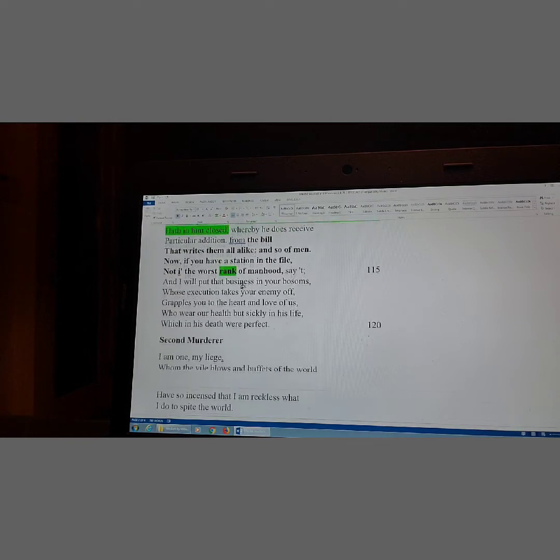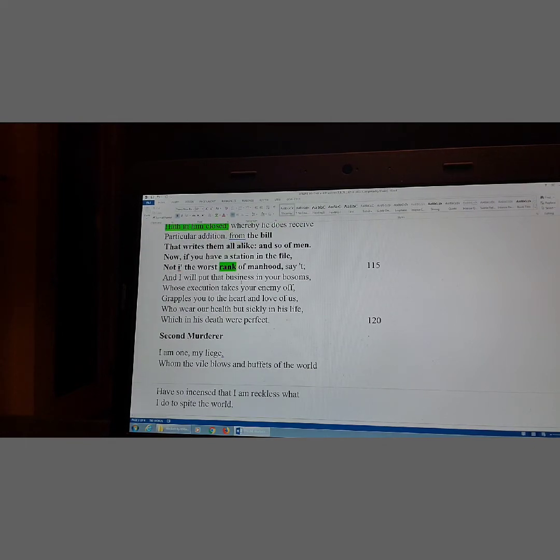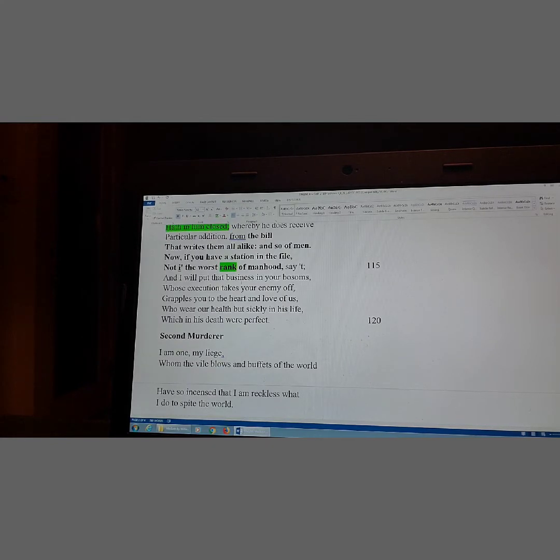So I will put that business in your bosoms, those executions whose execution takes your enemy off, grapples you to the heart and love of us who wear our health so sickly in his life, which in his death were perfect. Right? So get rid of your enemy.